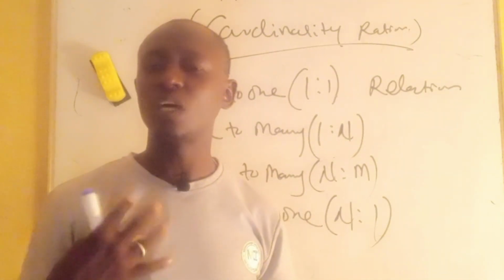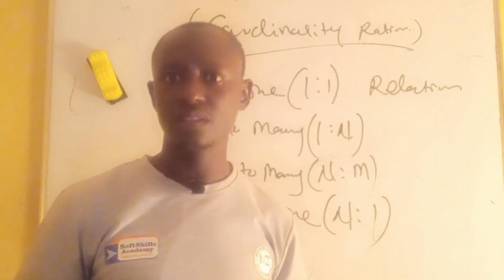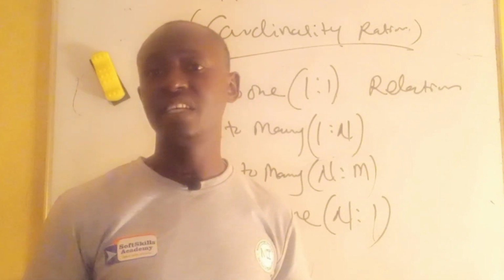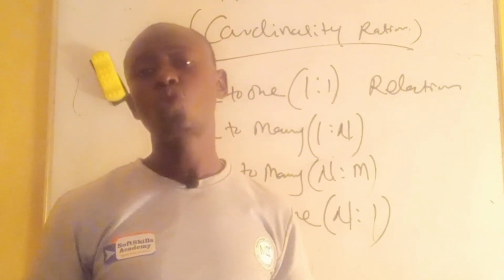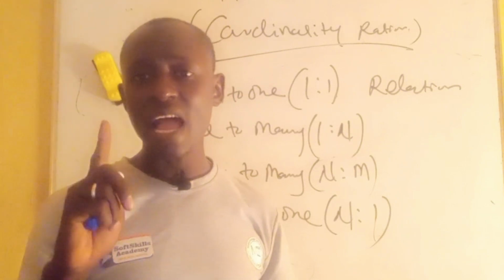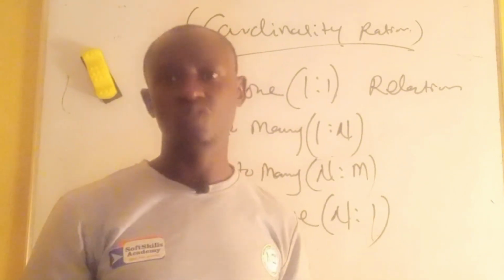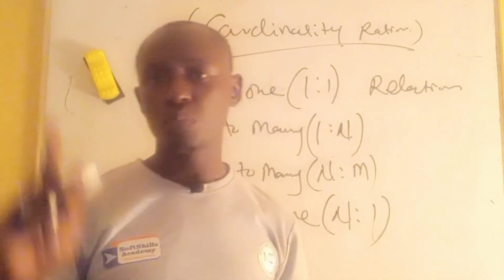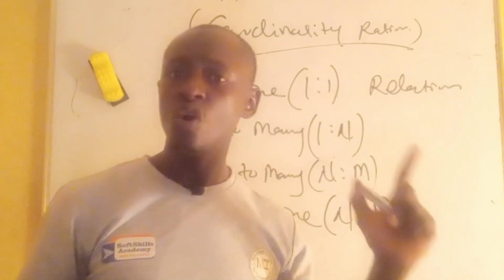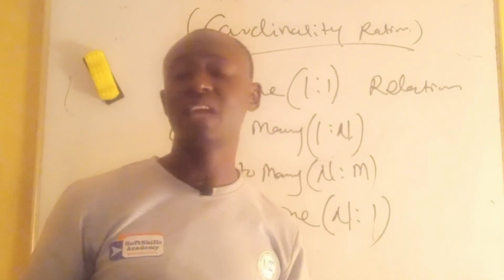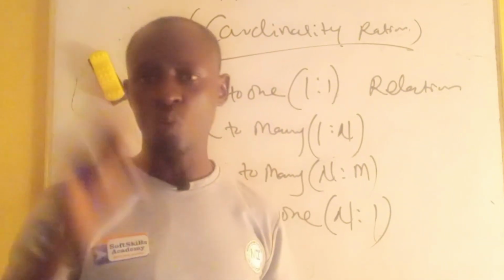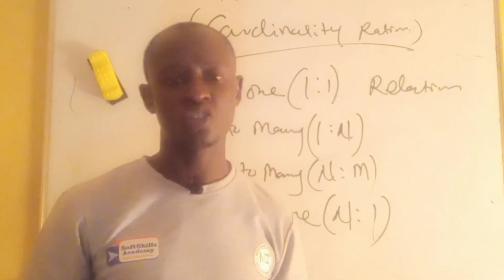I cannot have more than one international passport, right? I cannot have more than one national identity number. One national identity number to one citizen, one international passport to one citizen. That's what is regarded as one-to-one relationship.